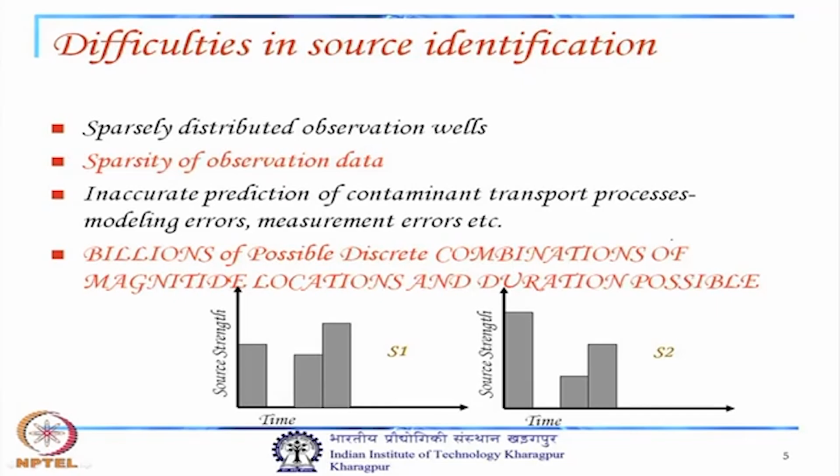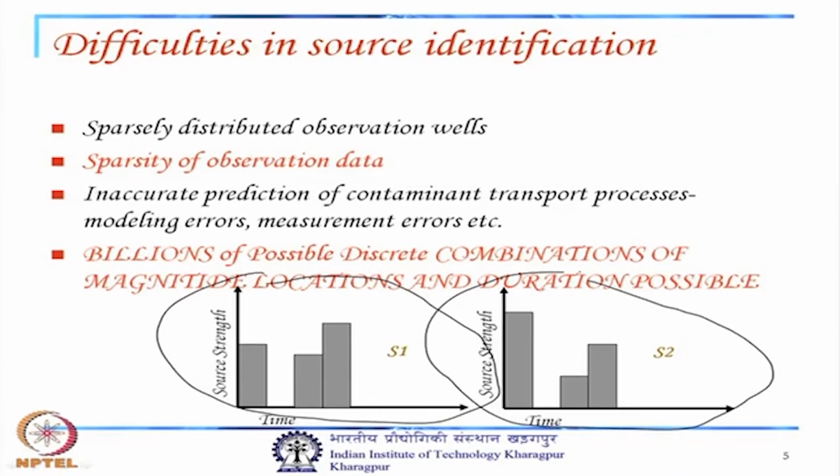So, we can have situations where, let us say, this is the first kind of combination. In our previous problem we are having S1 and S2, these two are the sources.